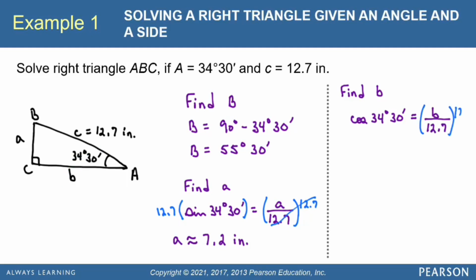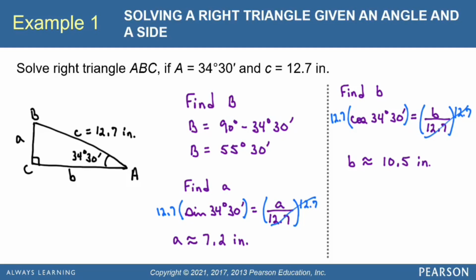And again, multiply both sides by 12.7 to isolate the variable. And we have B equals 12.7 times the cosine of 34 degrees in 30 minutes. If you enter that on your calculator, you'll find that B is approximately 10.5 inches.